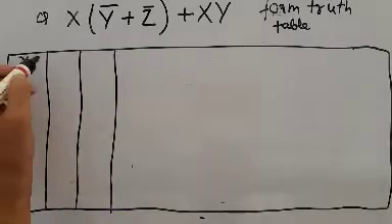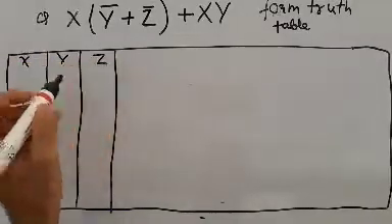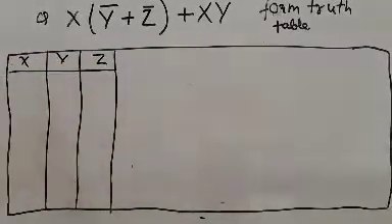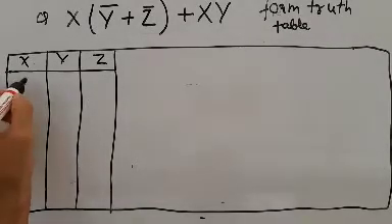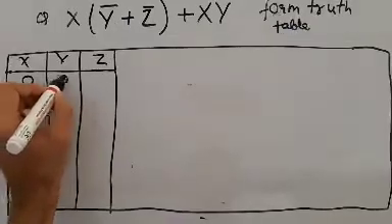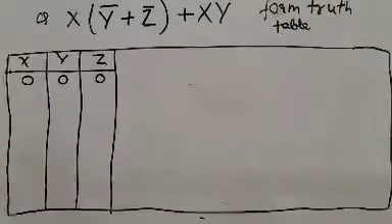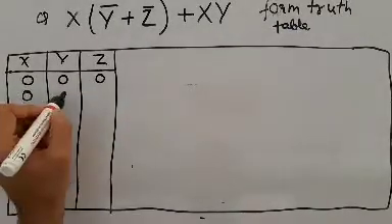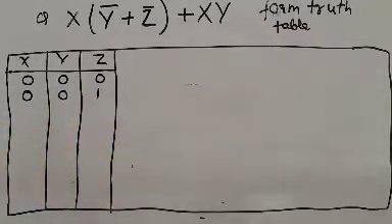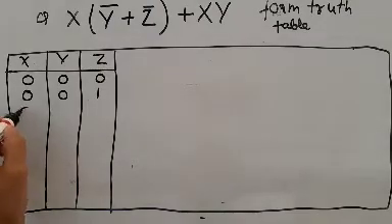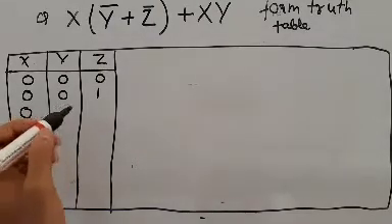First is x, y and z. Clear? Now first we will write all possible inputs. So 0, 0, 0 when all are zeros. 0, 0, 1. The possible input conditions will be 8, so you can make it in any sequence. I am making it in this kind of sequence.